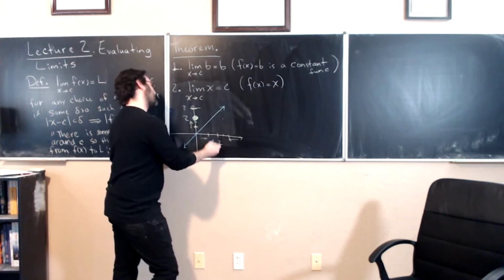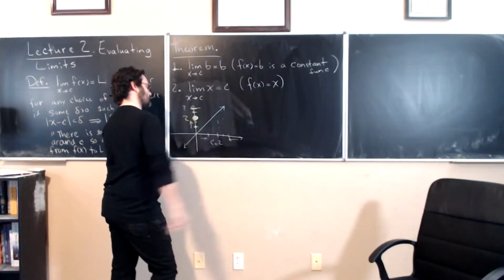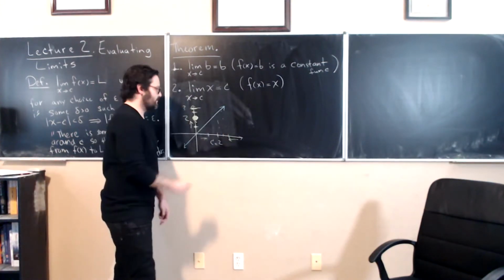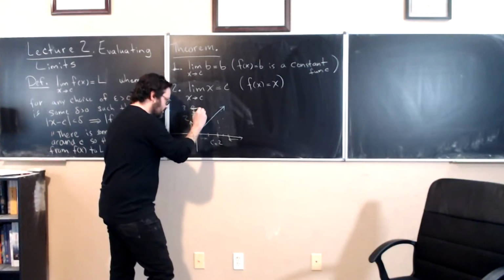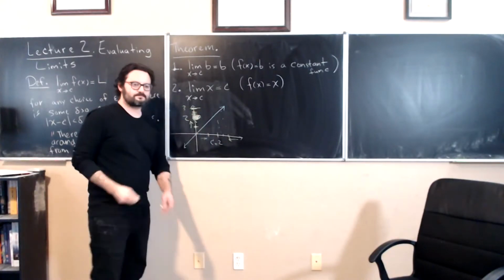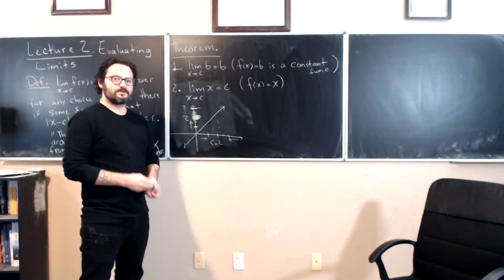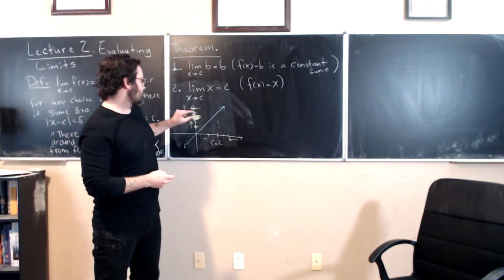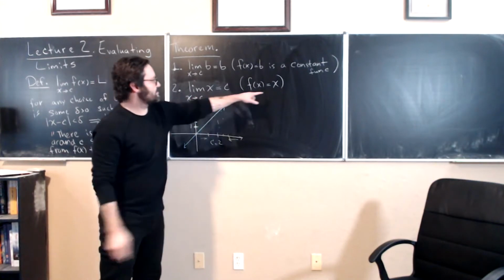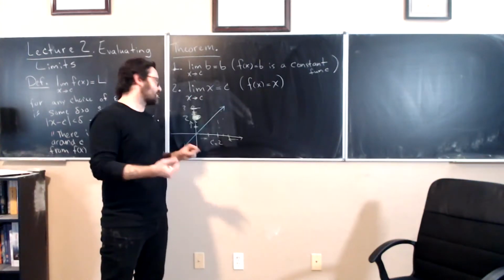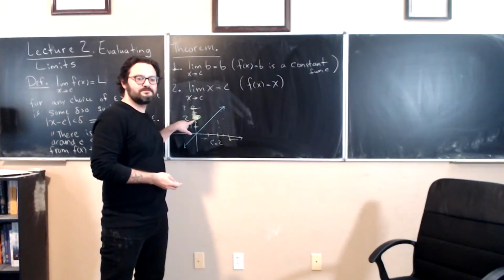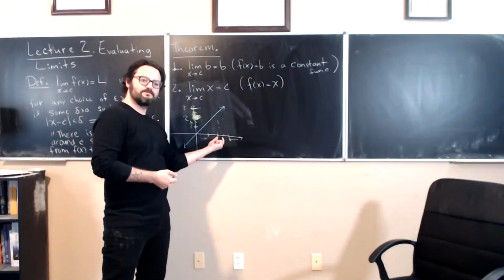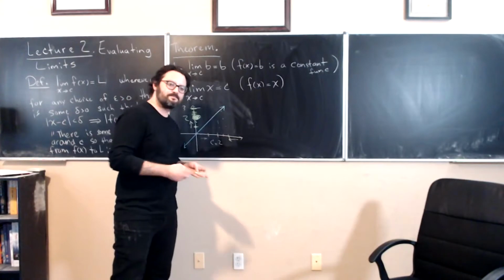When x is 2.5, the function's value is 2.5. And as we go down, this is where we're going, right? So hopefully this makes sense. We can make this function, f of x equal to x, as close as we want to 2, just depending on the interval around c that we want to choose, right?